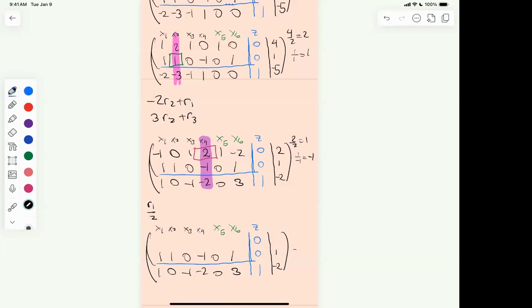So I get -1/2, 0, 1/2, 1, 1/2, -1, 1. Is that making sense?